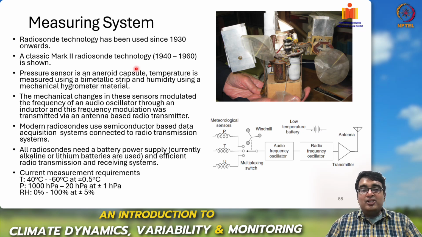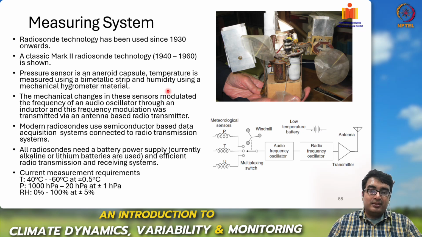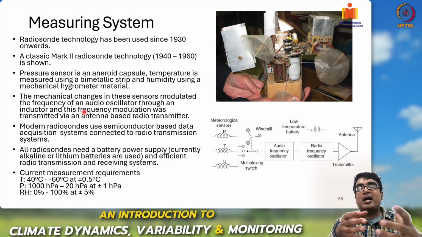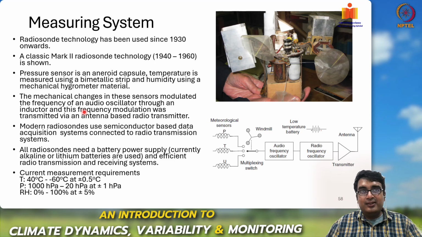So the mechanical changes in these sensors modulate the frequency of an audio oscillator. There is an audio oscillator which is connected to these mechanical sensors, and the deformation of these sensors, for example, modulates the frequency of the audio oscillator through an inductor system.